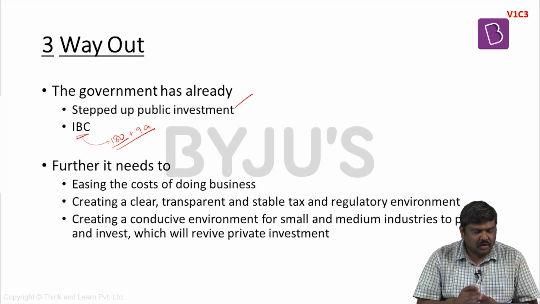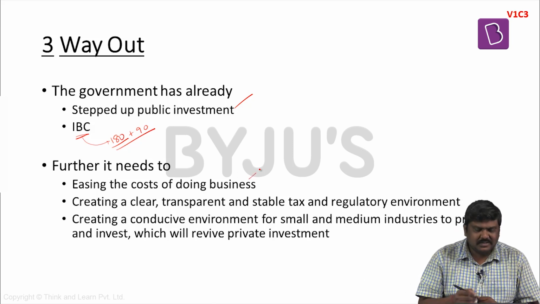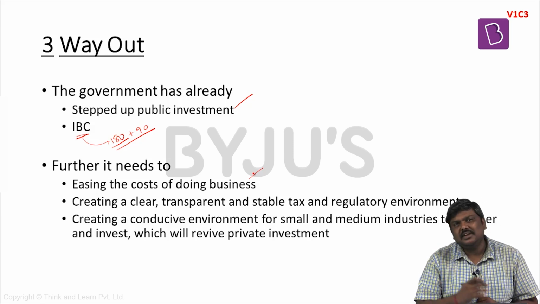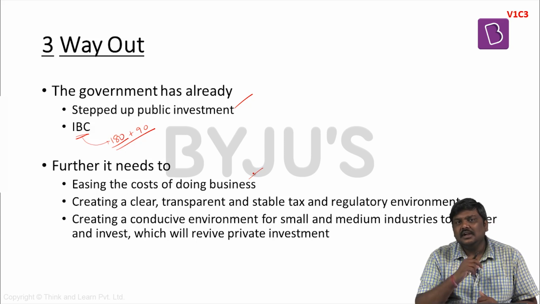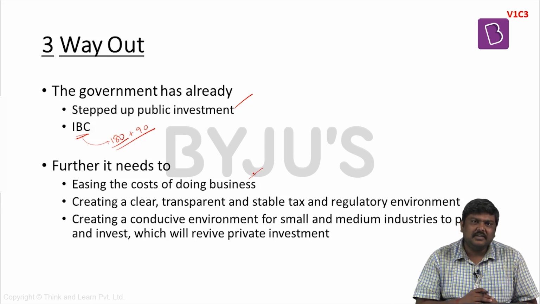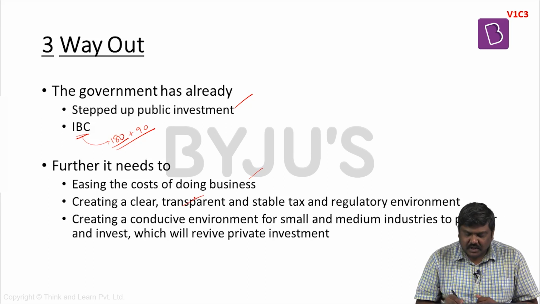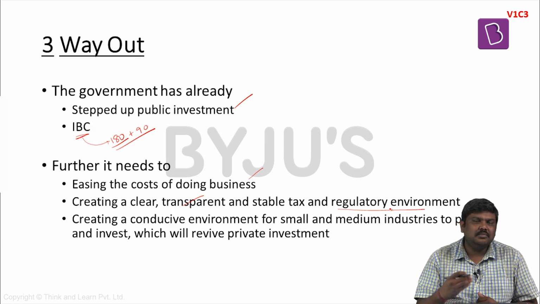Apart from this, the Government of India also needs to take certain measures. First, the ease of doing business must be improved and the costs of doing business must be further reduced. For example, under the ease of doing business ranking, India has performed very well, but under certain parameters such as enforcing contracts, India has been performing very badly even today. Second, a transparent taxation structure and regulatory environment must be created, which will facilitate more investment and more savings in the Indian economy.